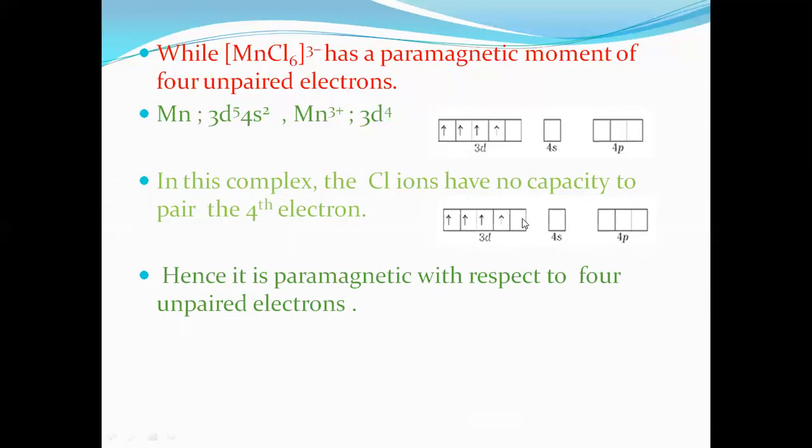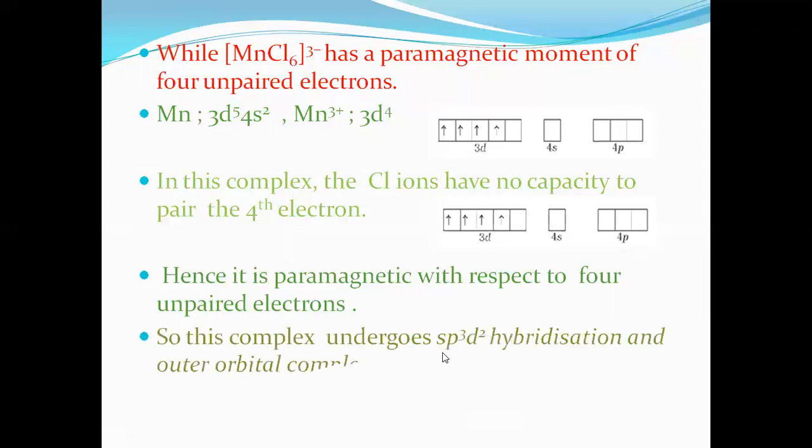Since two inner d orbitals are unavailable, the central metal atom goes to the outer d orbital. Therefore, it undergoes sp3d2 hybridization. Do remember, the central metal atom has to utilize either inner d orbitals or outer d orbitals, but not both. Hence, this complex is an outer orbital complex, paramagnetic with respect to four unpaired electrons.